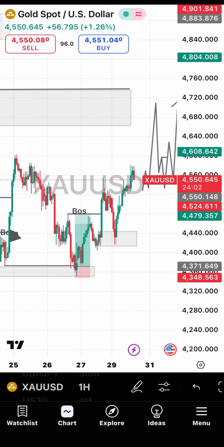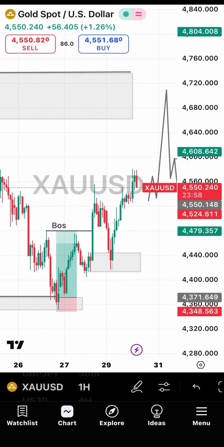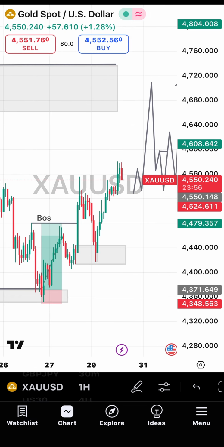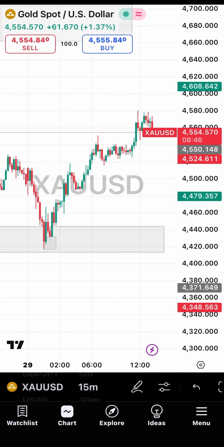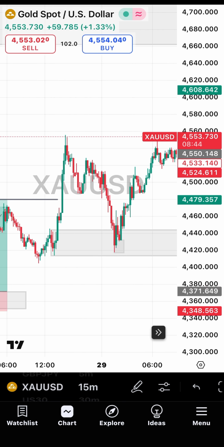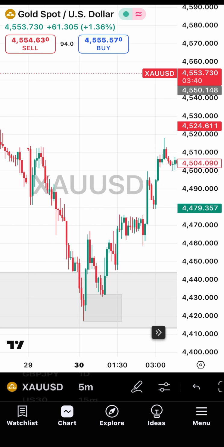You can see we waited for the break of structure here, and then this is the demand zone. When the market pulls back to this demand zone, I do not enter immediately. Go to the M15 time frame, and then let me show you how I got my entry on the 5 minutes time frame.